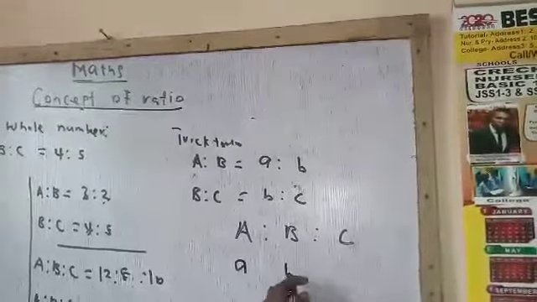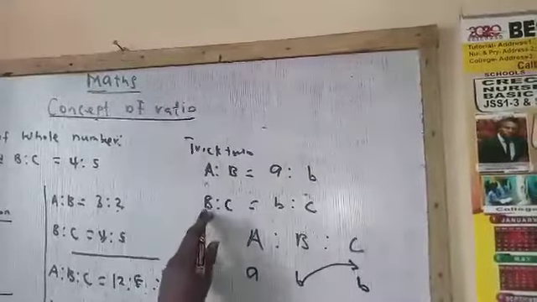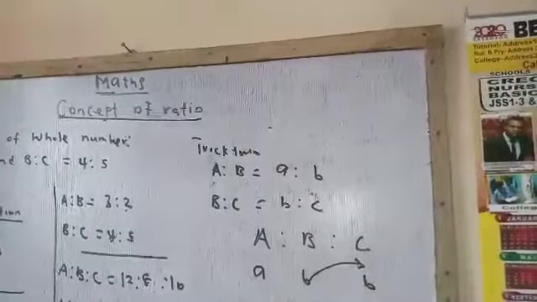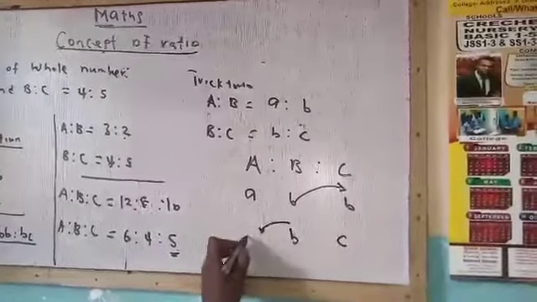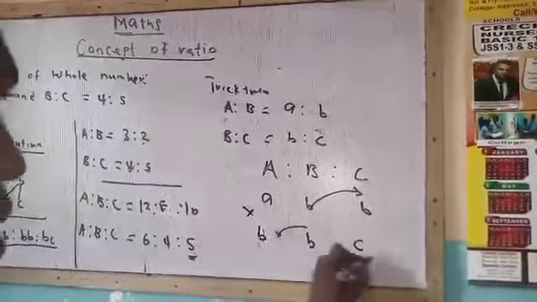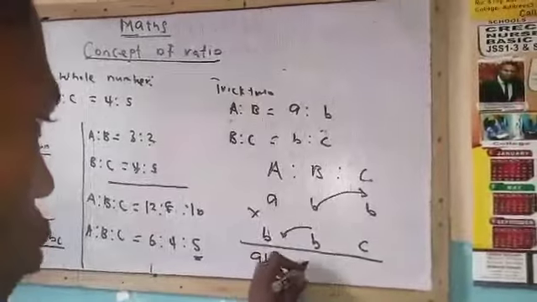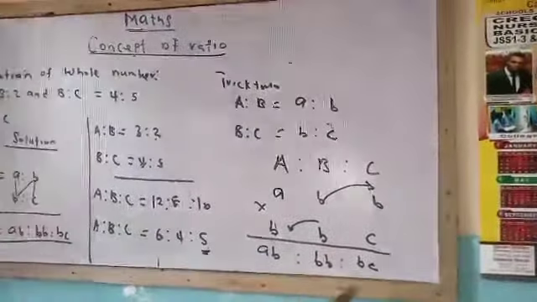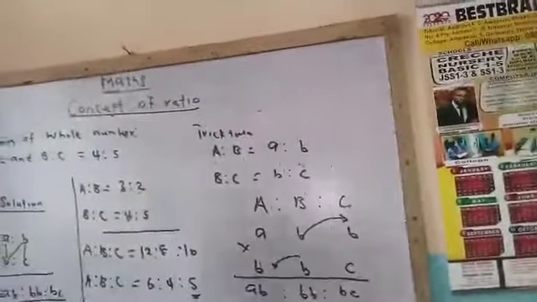C does not have anything. You move like this, so this pattern becomes b. In the other case, B ratio C, we don't have A, but we have B and we have C. So you move in the reverse form, and you have b. So what you just have to do is multiply. When you multiply, you have ab ratio bb ratio bc. So when you apply this trick, it gives you the same answer as the first.